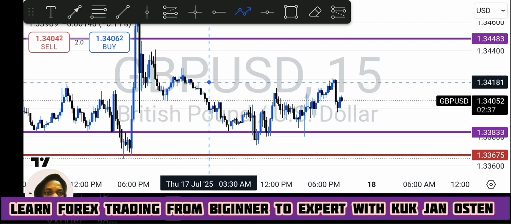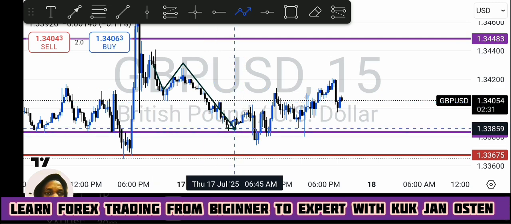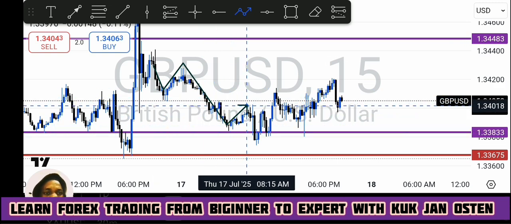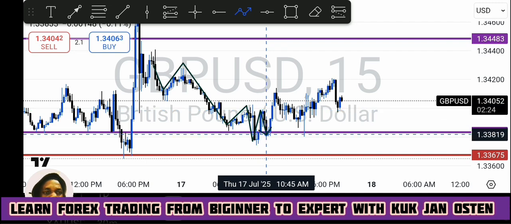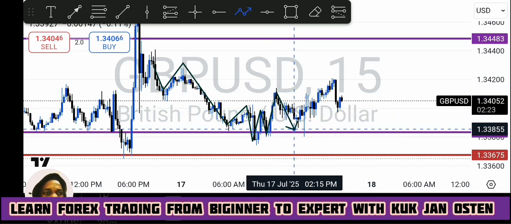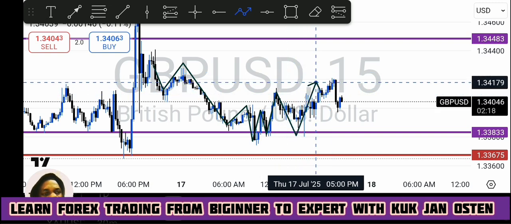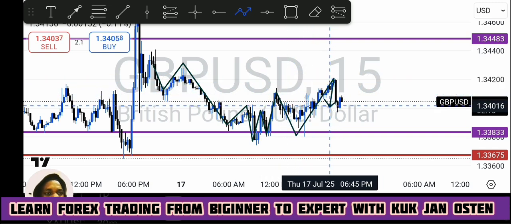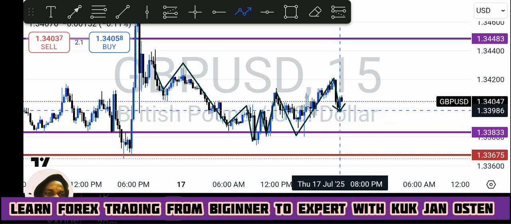As I've told you, I will bring out my ruler and measure what I'm going to take. So our buy setup is around here and our target is around that zone. Our stop loss is below this liquidity sweep. This is our stop loss. This is what I want to see.